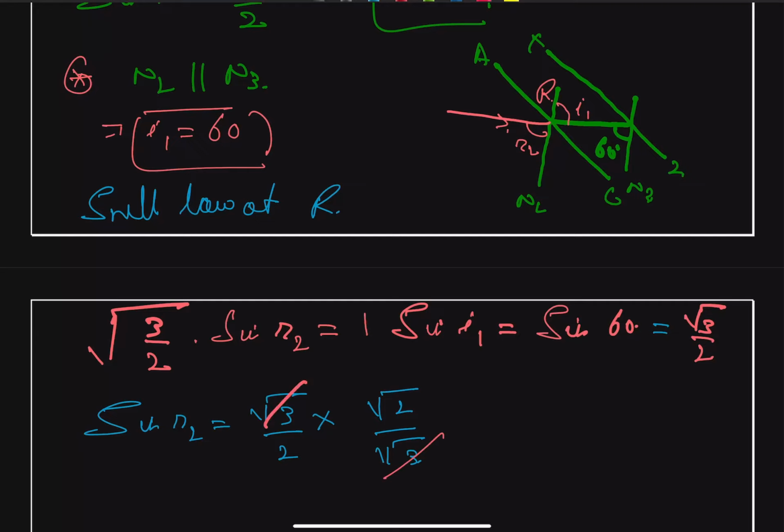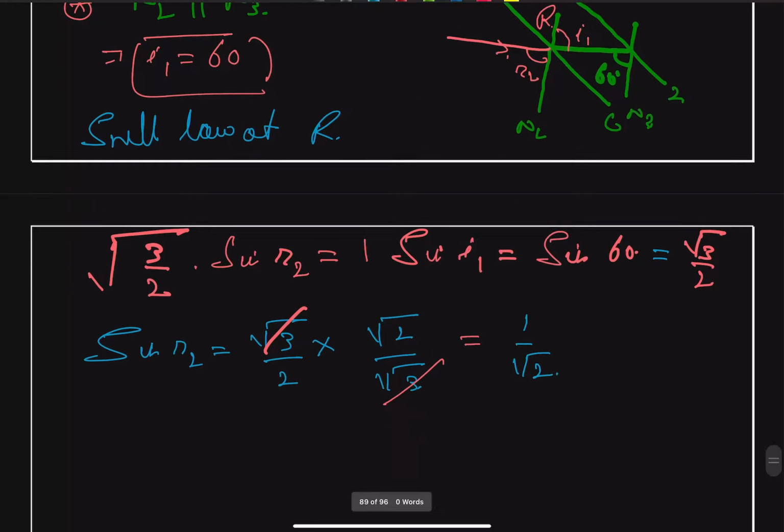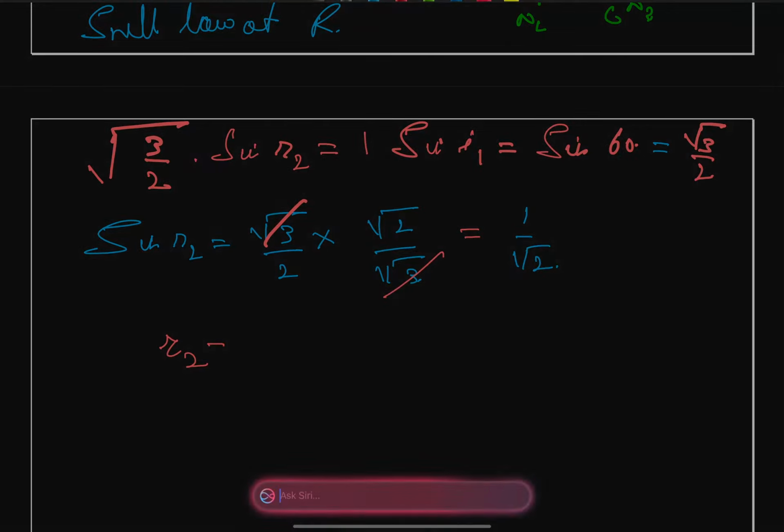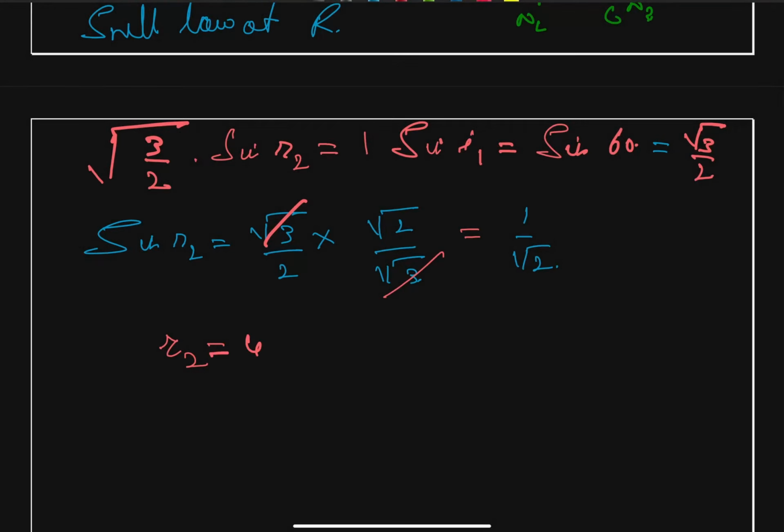Square root of 3 cancels out, and this comes as 1 upon square root of 2, which gives us that our R2 is equal to 45 degrees.